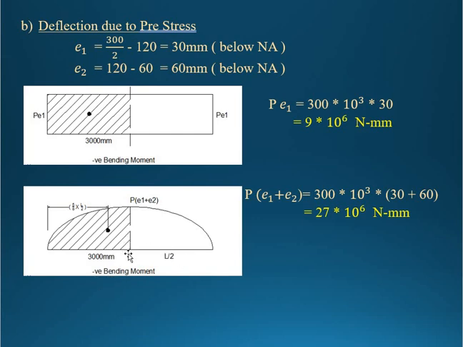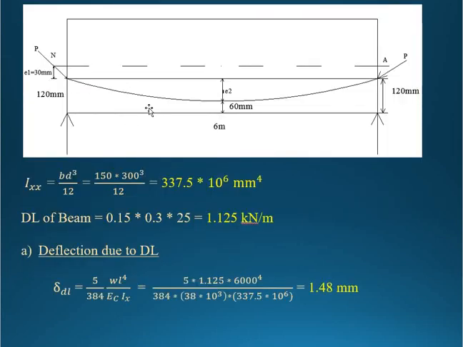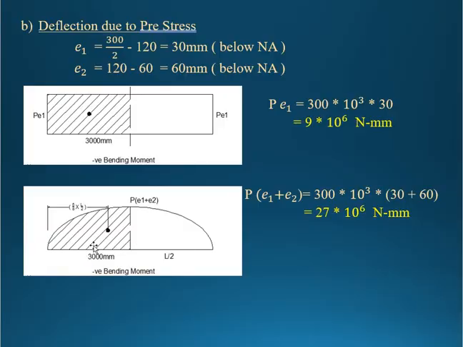For a parabolic profile, how did we get this parabolic profile? Because of a parabolic cable, we have got this parabolic bending moment. And the sign is also important. As I told, the eccentricity is below the neutral axis and the cable profile is also below the neutral axis. Because of those two reasons, the sign is negative. Here you can write it as minus, or here you can write it as a negative bending moment.